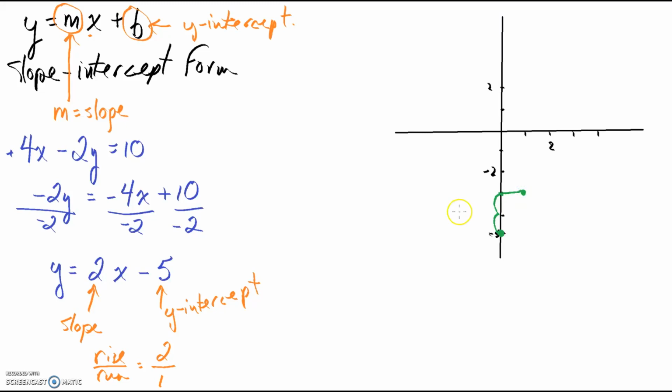Okay, so we went up 2, and we went right 1, and we land right here. When we connect those two points, we have a line. So let's do that.